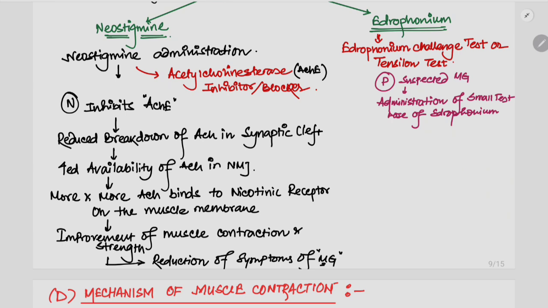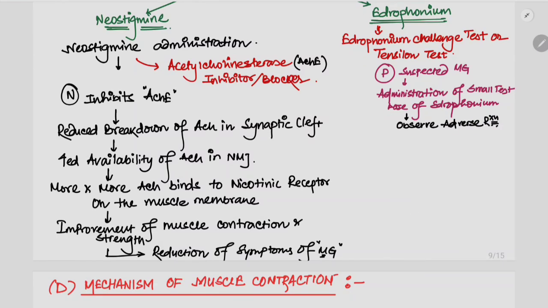Then observe for adverse reaction. If yes, then administer the antidote. If the adverse reaction is more than we expect, then there is no myasthenia gravis in that patient, or there is less muscle strength but no myasthenia gravis as such.